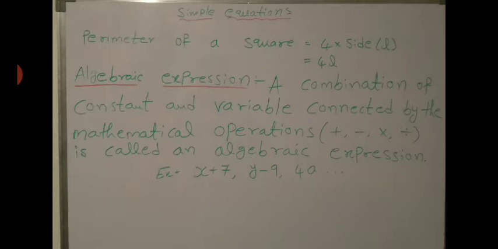An algebraic expression is nothing but a combination of constants and variables connected by mathematical operations, nothing but mathematical symbols: plus, minus, into, divide. Examples: x plus 7, y minus 9, 4a, etc.